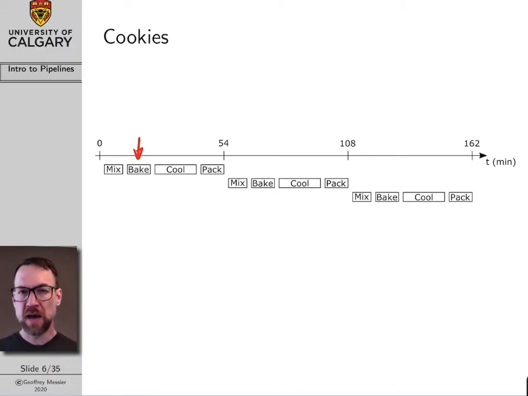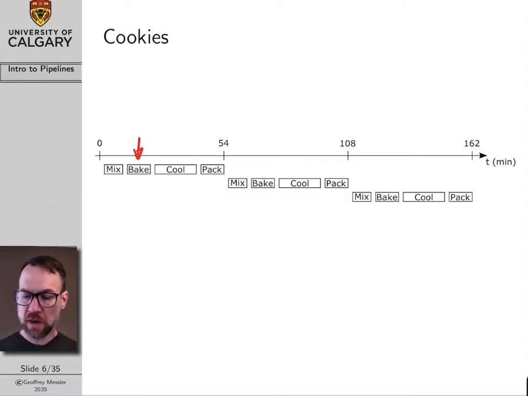And the same thing with the packing. Let's assume, again, we're doing like a fancy job. We've got cellophane and I don't know what else. And so we can't really handle packing 2 batches of cookies at the same time. So the 2 batches can't go through the same stage at the same time. But otherwise, there's ways that we can improve the efficiency of this cookie operation.